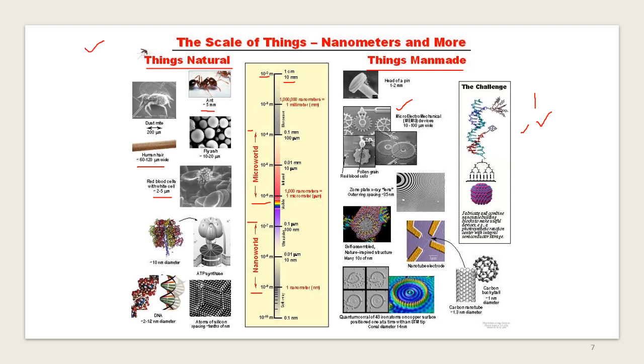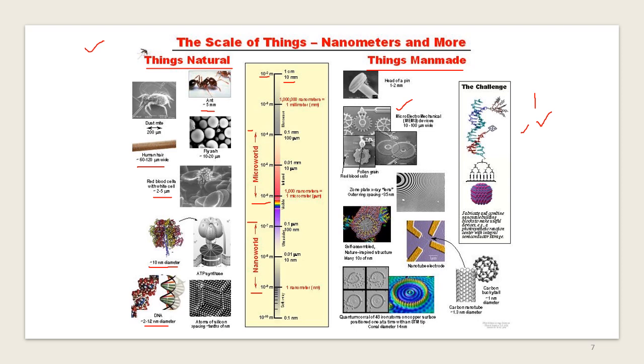Then we have the pathogens, and the pollen grains, which are about 10 nanometers in diameter. Then DNA and RNA have approximately 2 to 12 nanometers in diameter. So these are natural things.